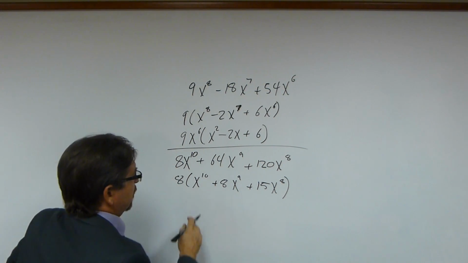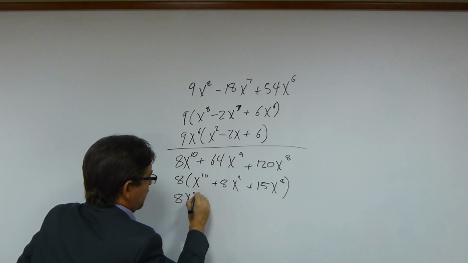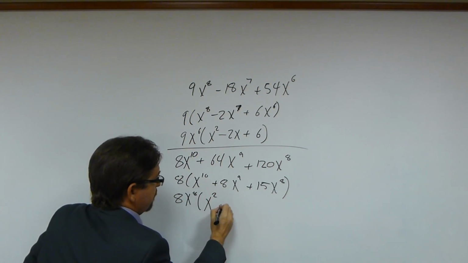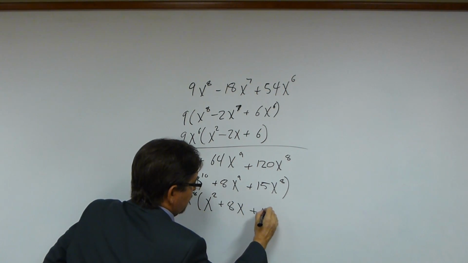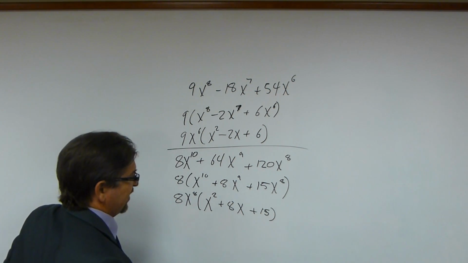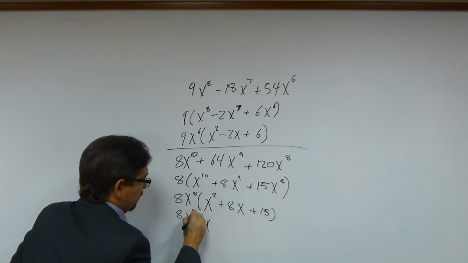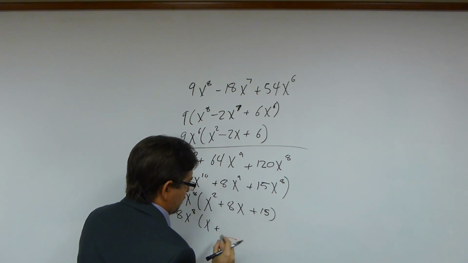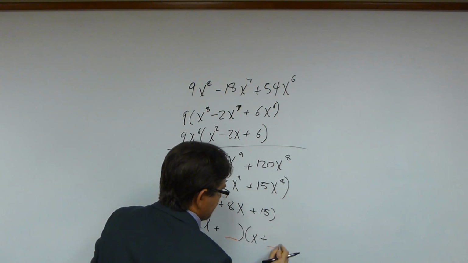Okay, can we factor any x's here? Yeah. 8 x to the power of 8 leaves us with x squared plus 8x plus 15. Can we reduce this? Okay, let's see. That would be x plus something, x plus something.